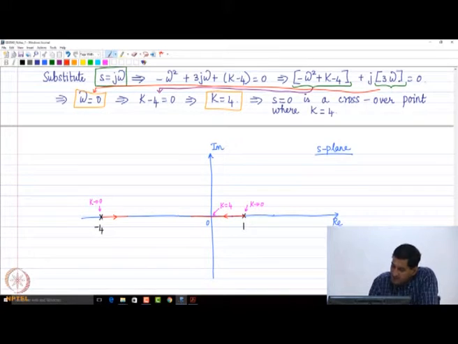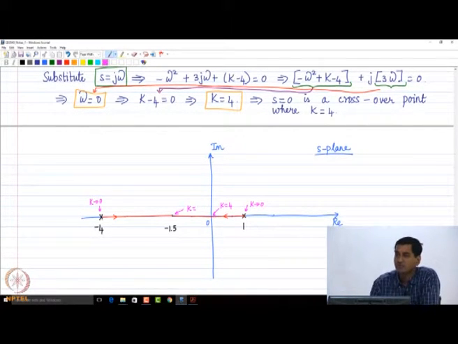So, let us say I have -1.5 to be somewhere here. What is going to happen is that they come here and then they intersect each other. And what is the value of k at -1.5?